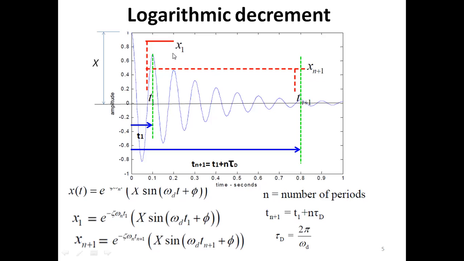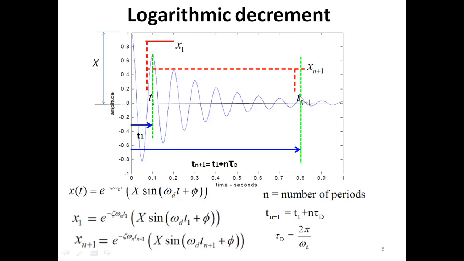But here we have to plug in time t1, that is, x1 is the amplitude after time t1. So using this model, just for t we have to put t1. So we would have exponential minus zeta omega n t1 times capital X sine of omega d times t1 plus phi.